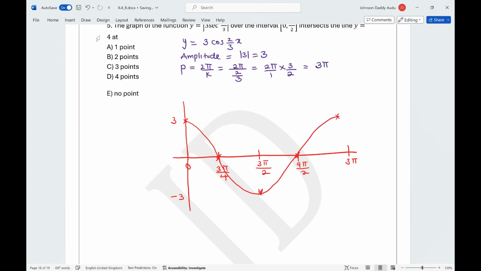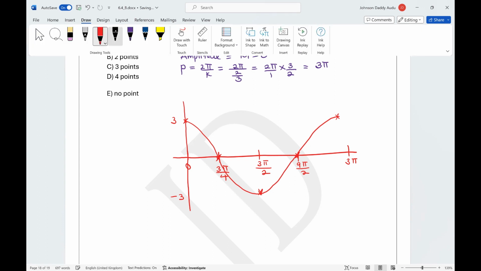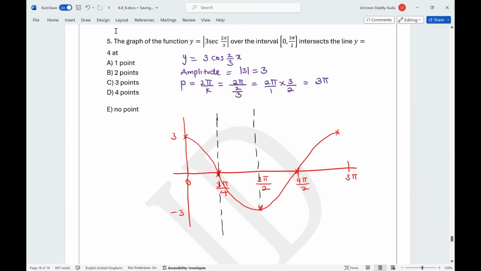Right. Now, the vertical asymptotes. We don't have a vertical asymptote at 3 pi over 2. Rather, we have a vertical asymptote at 9 pi. But now, if you look at the graph, we are only interested in which portion? The portion from 0 close to 3 pi.